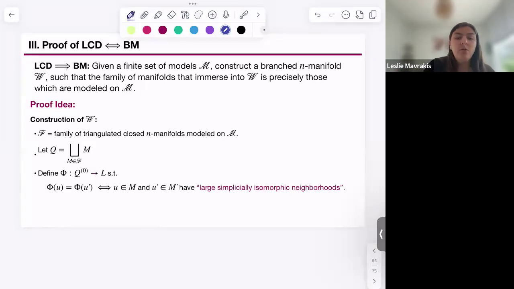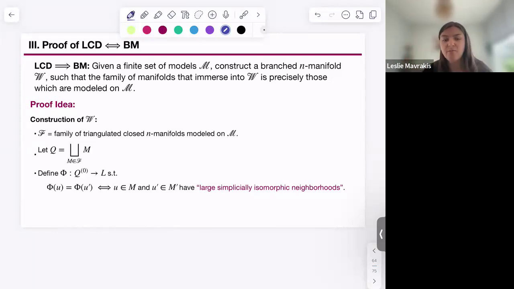And so I put an equivalence relation on this set. I'm going to take the vertices of this set Q, and send them to some set L, and we'll show in a second that it's a finite set. We put a relation on it so that two vertices are sent to the same thing if and only if they have large simplicially isomorphic neighborhoods.